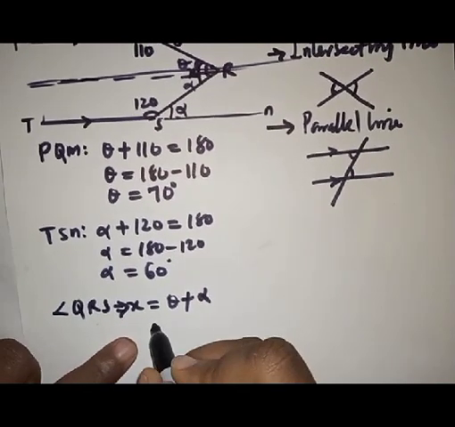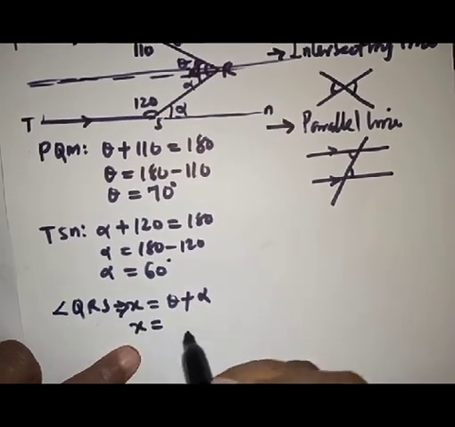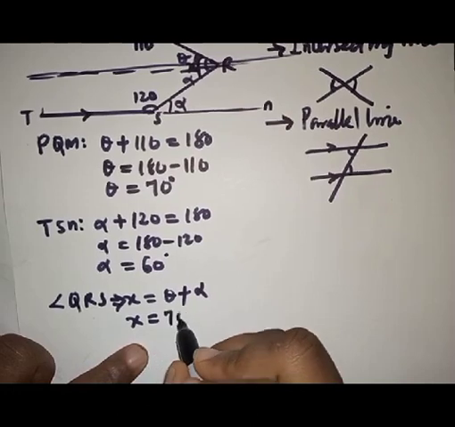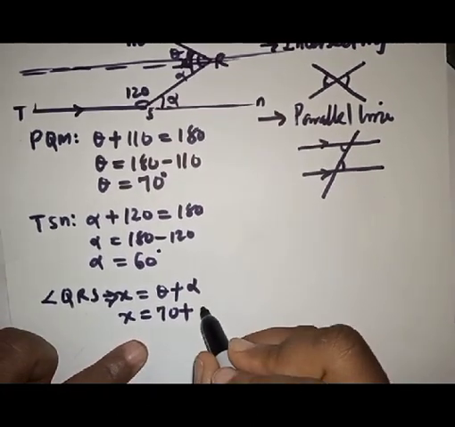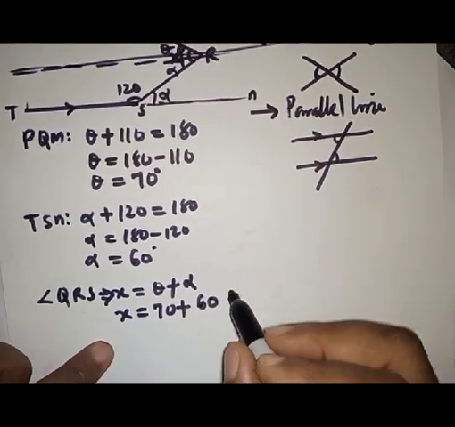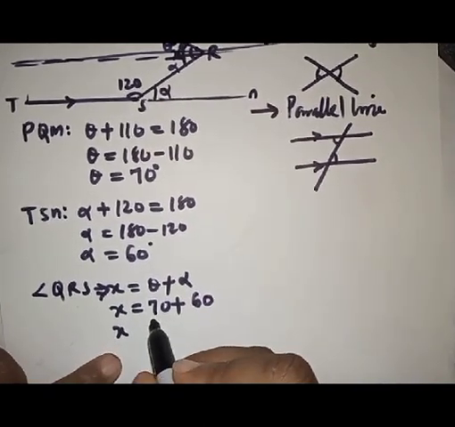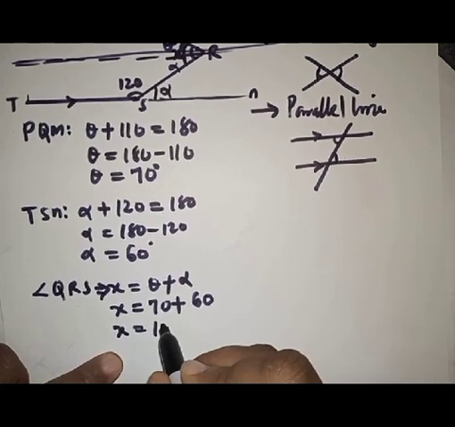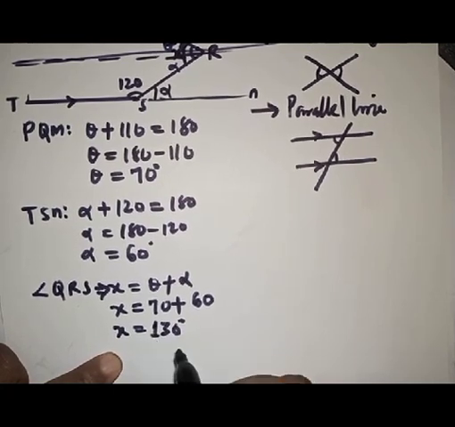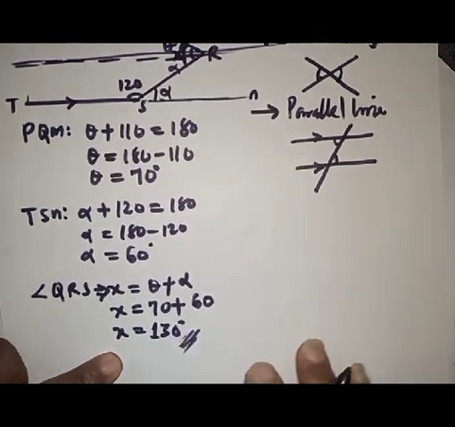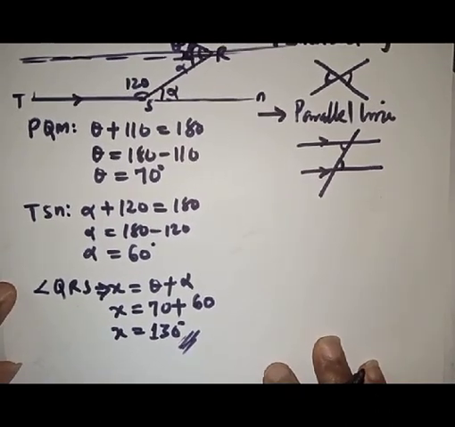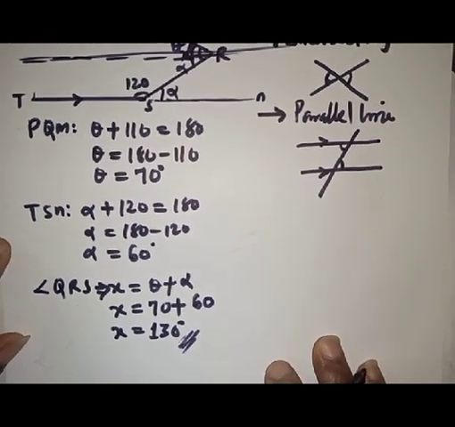Theta is 70, and alpha is 60. So indeed, the value of my angle x, QRX, will be 130 degrees. That's the value of x for this simple line geometry question.